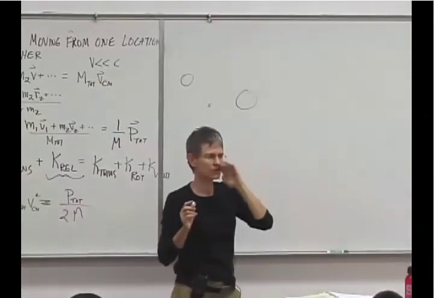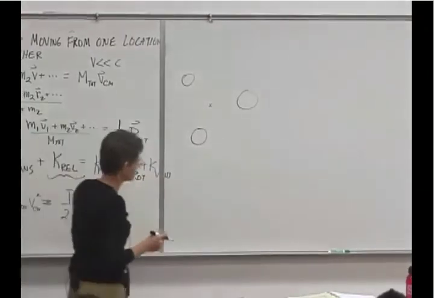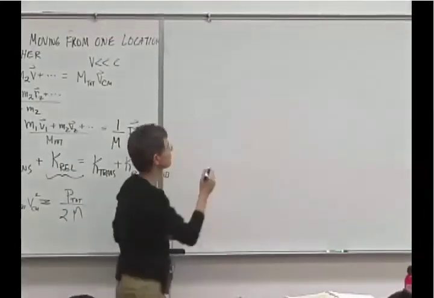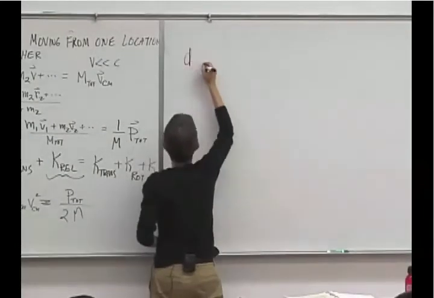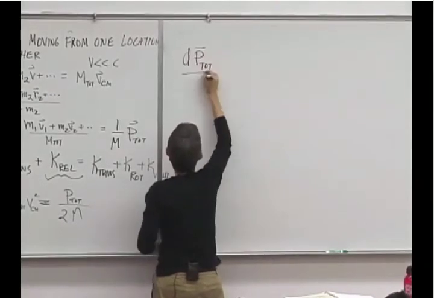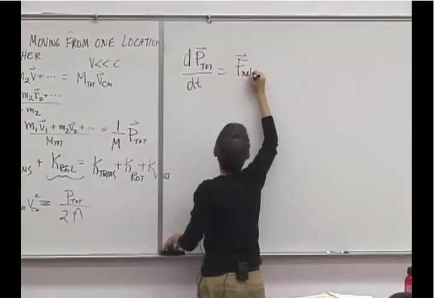Just to start off and show why this is interesting to do, let's remember the momentum principle for a multi-particle system: the rate of change of the total momentum with time is the net external force applied.